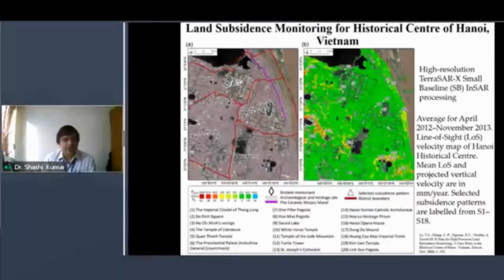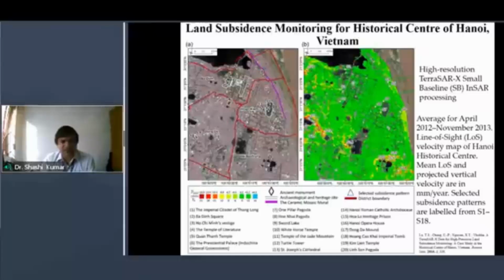Now another study was carried out in Vietnam. Here high resolution TerraSAR-X small baseline InSAR images were used. This is not used for subsurface penetration. This site is in an urban area. So land subsidence was monitored, and the velocity map of the Hanoi Historical Center was measured, and its values are represented here.